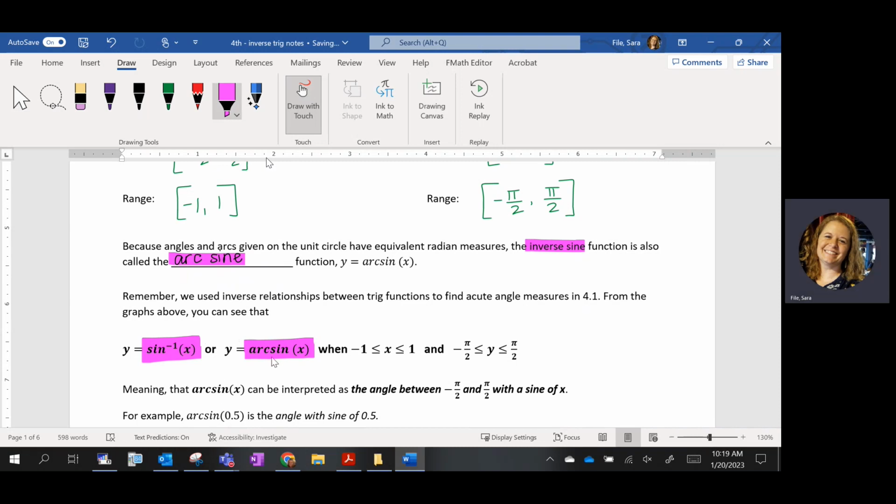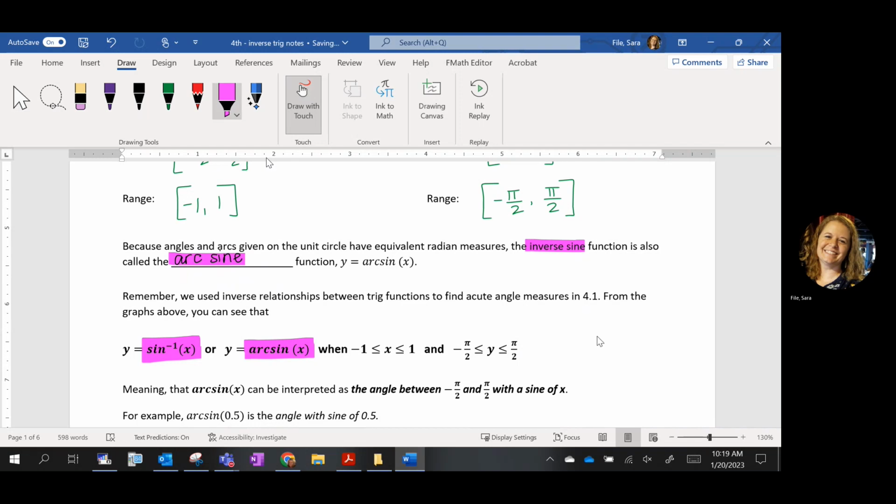They both mean, at what angle, what is the angle? And it's got to be between here and here because that's the range of the inverse. So between negative pi halves and pi halves, what's the angle where sine is x, whatever this x input value is?